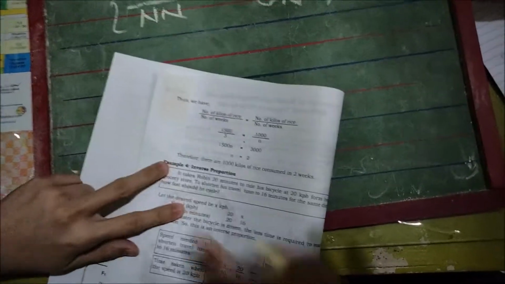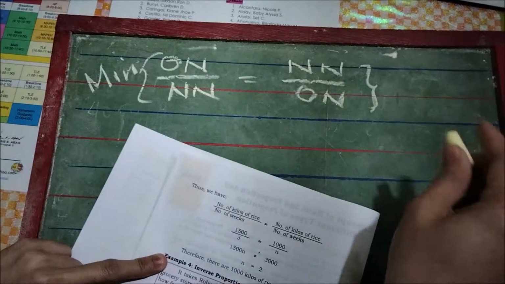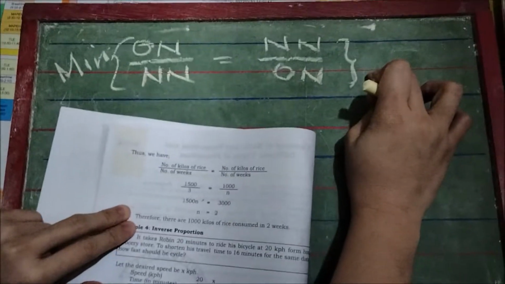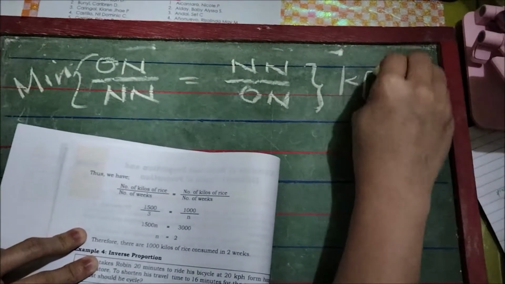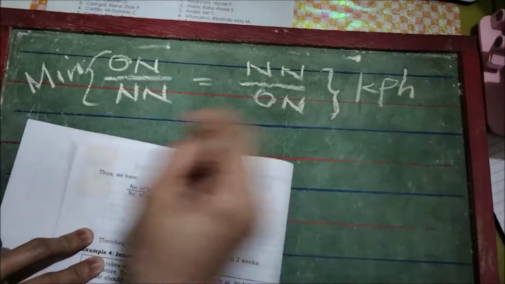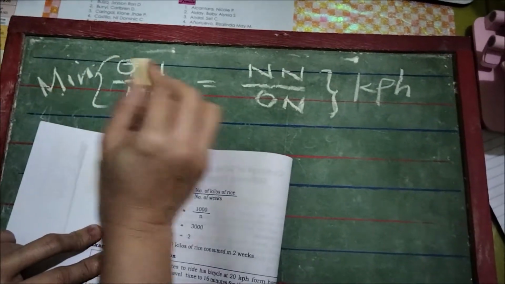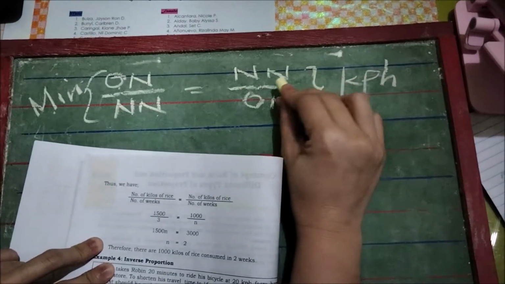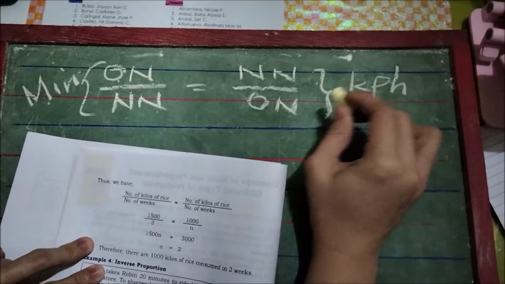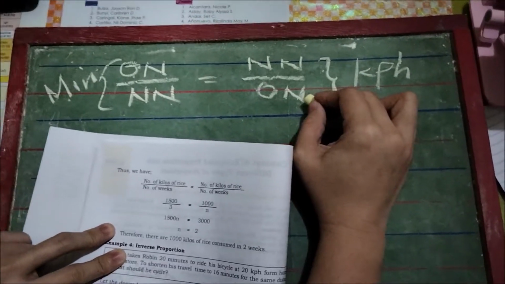In our problem, we have here minutes. So this ratio pertains to minutes. And then here, we pertain it to kilometer per hour. So original minutes over new minutes, new kilometer per hour over original kilometer per hour.